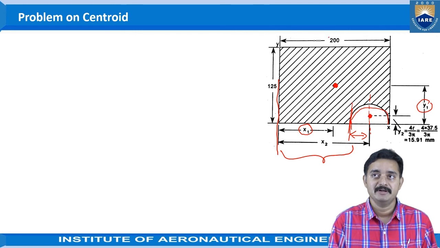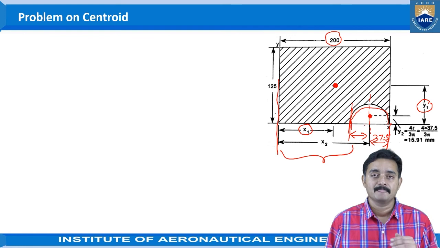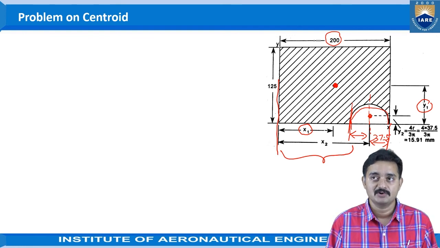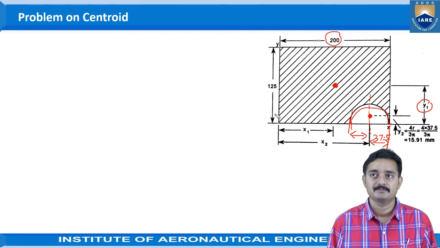As the complete length is given as 200, we can subtract this radius. Already the diameter is given as 75, so 37.5 can be subtracted from this 200 so that we can get the value of the position of this centroid of semicircle from the y-axis, that is OY.